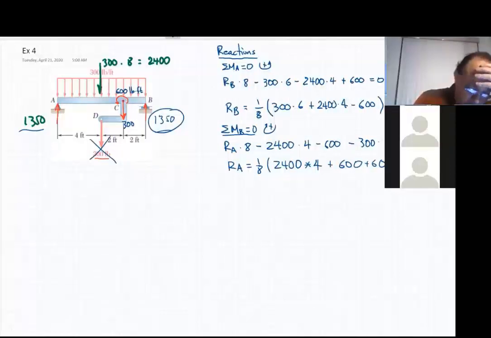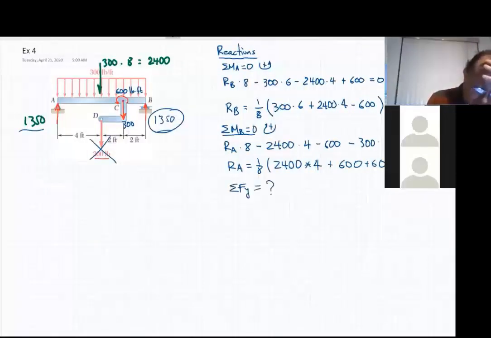Great. It's good to have ways to check your calculations, because if you put 1200, it doesn't match. The check is summation of forces equals 0. So we have 1350 plus 1350 minus 2400 minus 300.